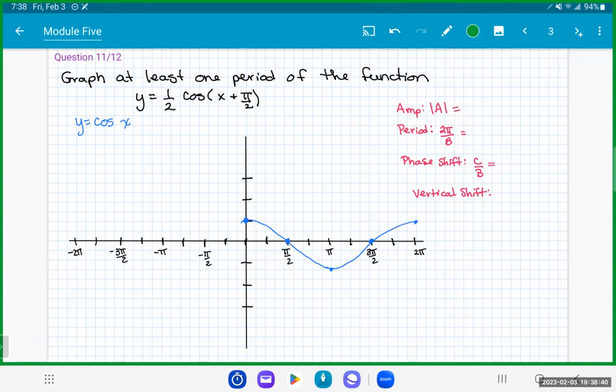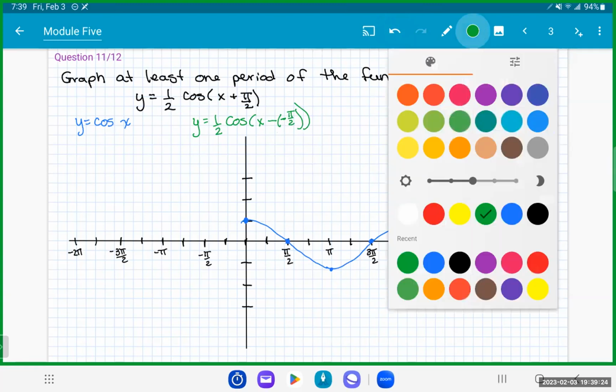Okay, the first thing I want to point out is we can pull these values. a equals 1/2. Our b is the number in front of our x, which is 1. Because this isn't completely in standard form, if we were to write it in standard form, it would be y equals 1/2 cosine of x minus negative pi over 2, because standard form has this x minus here.